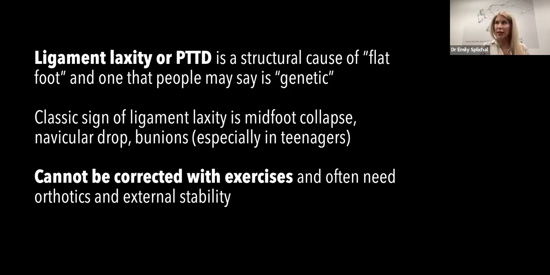You cannot blame bunions in a 14-year-old on shoes. I know that everyone is out to the shoe market and you cannot blame them for this. It is a ligament laxity of the medial column, and then it destabilizes that metacuneiform joint and that metatarsal swings out.